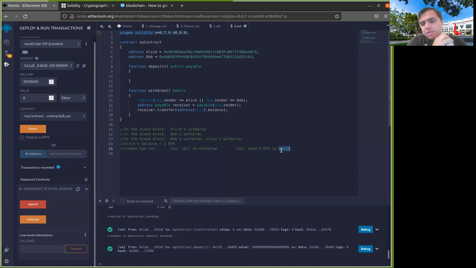The way I can do it is that I can take the top 4 or 5 miners and create transactions that pay each one of them. Now, here's what happens from the point of view of the miner, if the miner is really smart and can see what's happening. The miner would see that there is a call to withdraw from Alice and a call to withdraw from Bob.